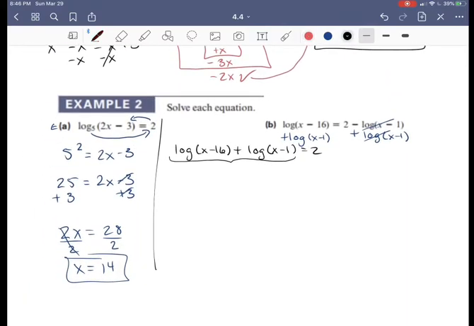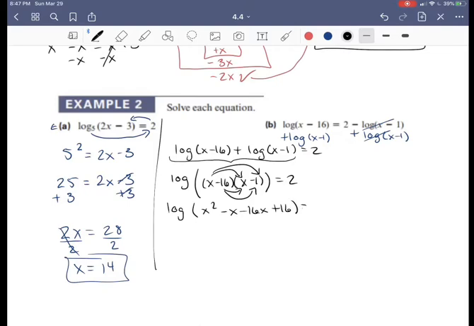Therefore this becomes log of, open a big one, x minus 16 times x minus 1 is equal to 2. If we distribute this, we get log of x squared minus x minus 16x plus 16 is equal to 2.